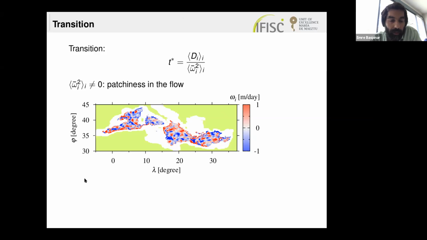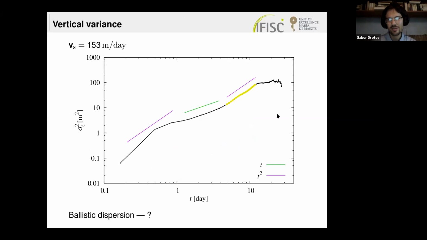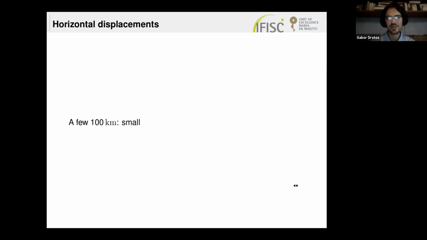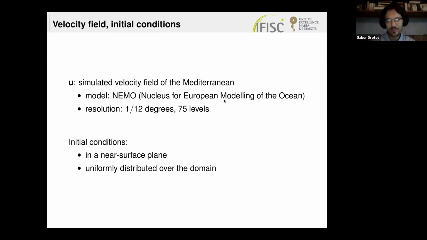As you saw, the sinking time for these fastest sinking particles is around 20 or 30 days until all the particles reach the bottom, and the velocity field taken as a basis corresponds to some kind of usual conditions in the Mediterranean.